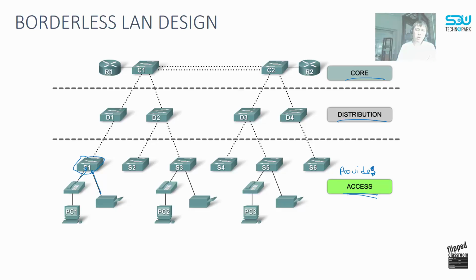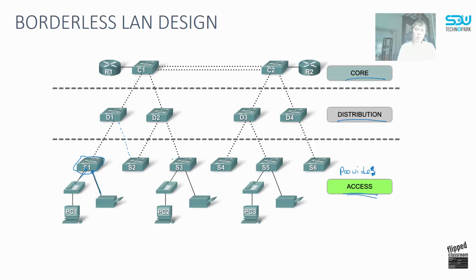So the main characteristic of access layer switches is to provide access for end devices, where distribution layer switches are interconnecting access layer switches. So they are making distribution between traffic of access layer switches.